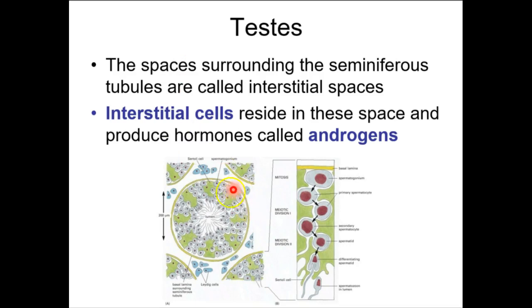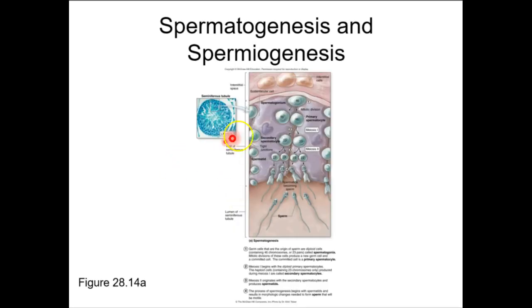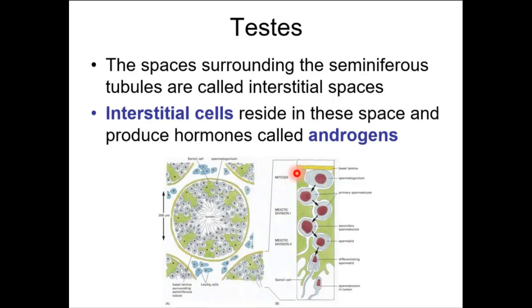In addition to large nurse cells, represented in green here, this whole thing here is a nurse cell, the purple, and then you have your dividing gametes over here. In addition to those, there are interstitial cells, cells that are outside of the seminiferous tubules, and those release testosterone.